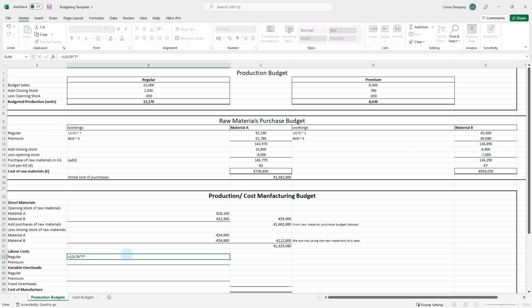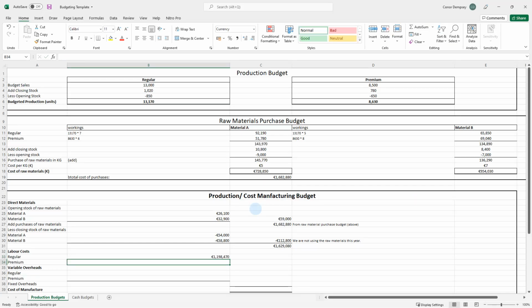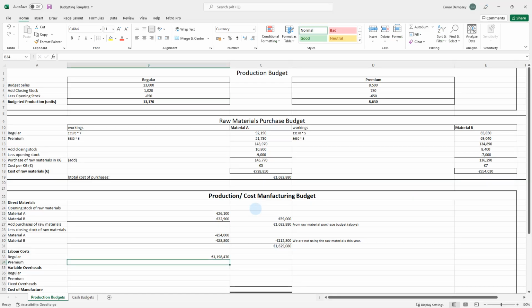We're going to multiply it by the amount of euro needed per skilled labor hour. The skilled labor hour rate which we had was €13, which was that. Now the premium, 9 hours. So we're going to produce 8,630.